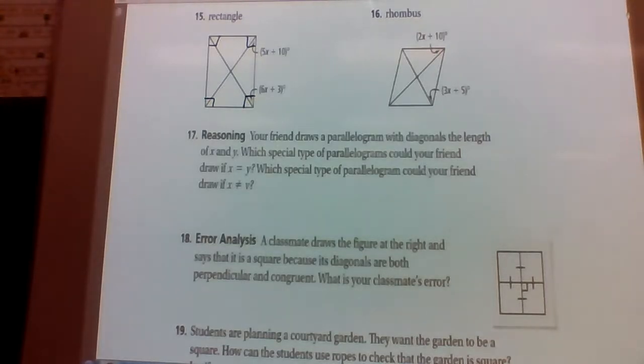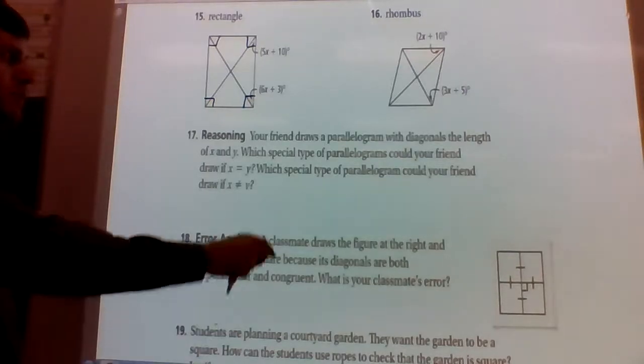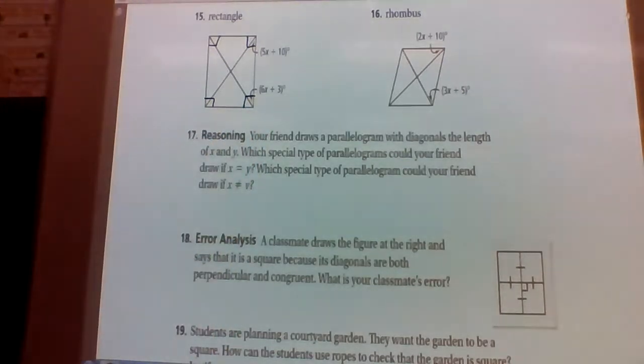The diagonals only bisect the opposite angles in a rhombus, not in a rectangle, but we do know our angles are going to add up to 90. Right, so we have 90, 90, and 90. Okay, we also know diagonals are congruent.